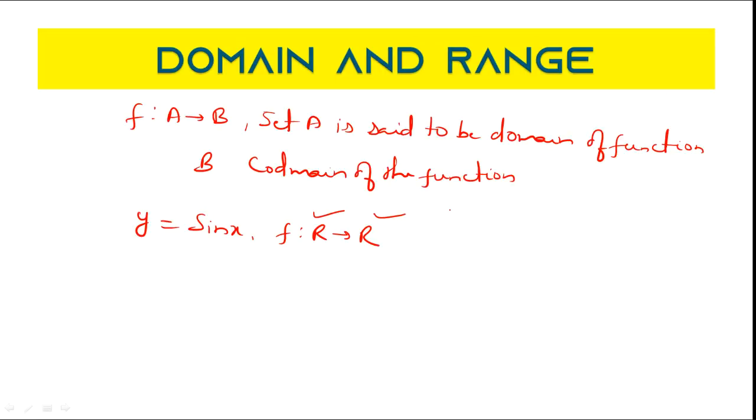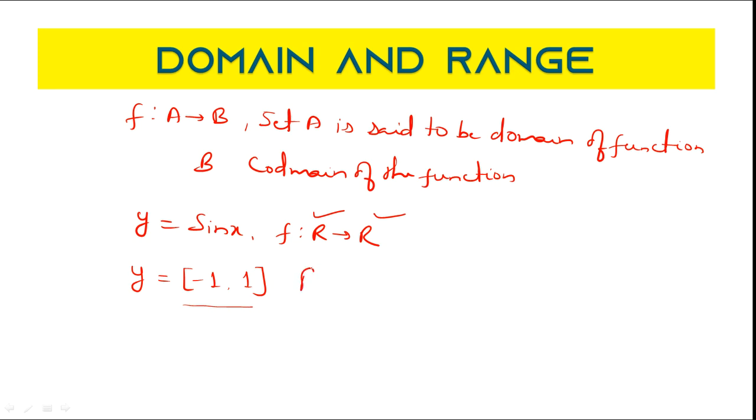But if we talk about the range, then obviously range is a subset of the codomain. For example, if we consider all the values of x for sin x, then we know very well that the values of y are in the closed interval -1 to 1. So all the real numbers lying between -1 and 1, including -1 and 1, are part of the range. But this range is a subset of the set of real numbers.